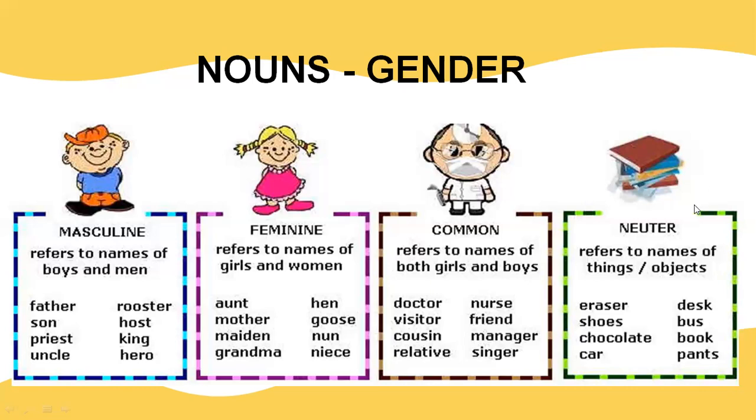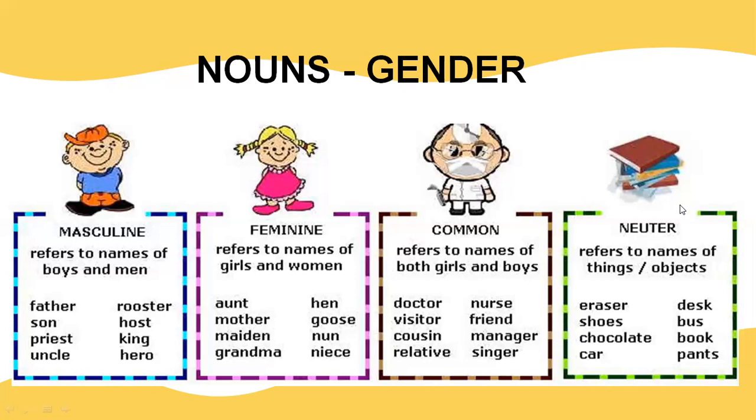And the fourth type is neuter. Masculine, feminine, and common consist of living things. But what should come under neuter gender? It should refer to the name of a thing or object which is non-living. For example, eraser, shoe, chocolate, all these are examples for neuter gender, which doesn't have life.